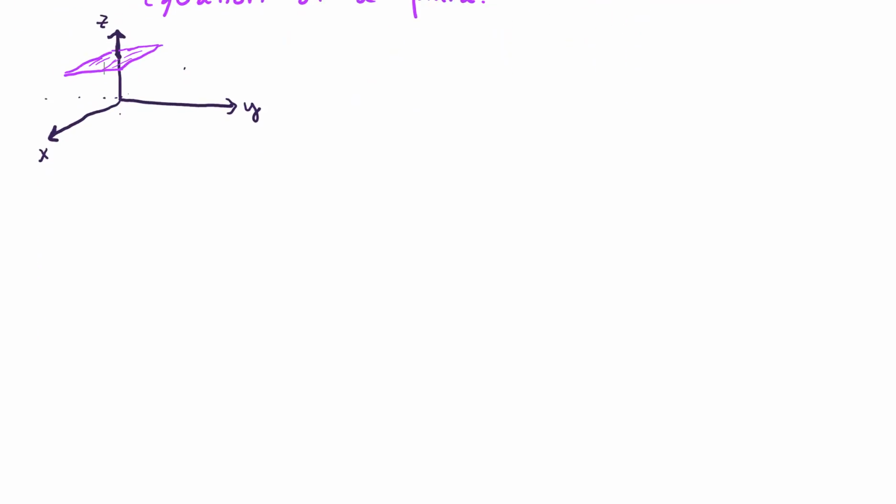Let me scroll this up a little bit. So let's consider three planes here. I'm going to draw one plane. Let's draw another plane here that's parallel, so to speak. And then we could draw a third plane.